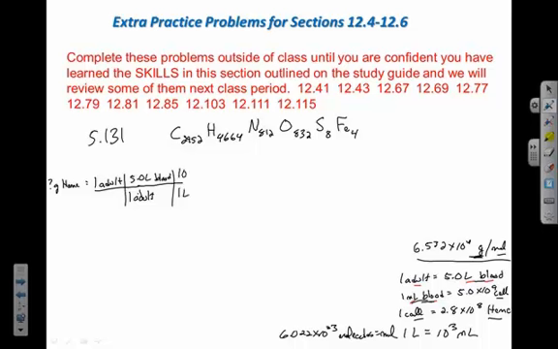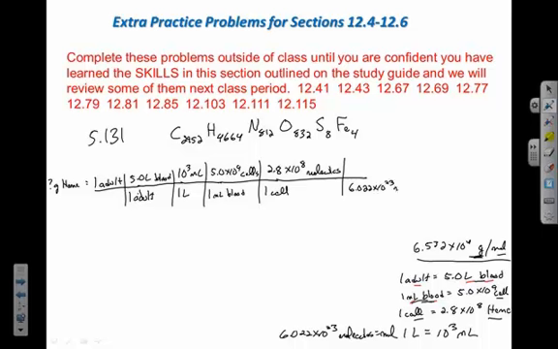One liter is 10 to the 3rd milliliters. 1 milliliter of blood equals 5.0 times 10 to the 9th blood cells. 1 blood cell has 2.8 times 10 to the 8th hemoglobin molecules. Avogadro's number of molecules equals 1 mole.